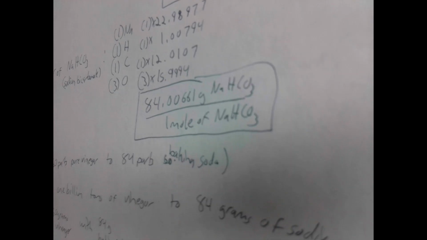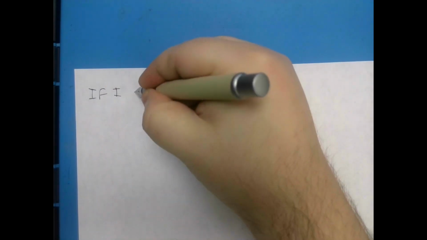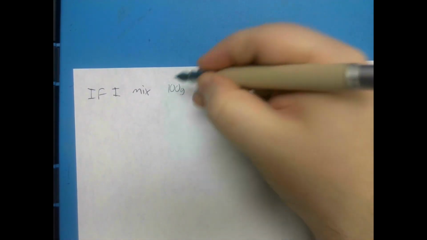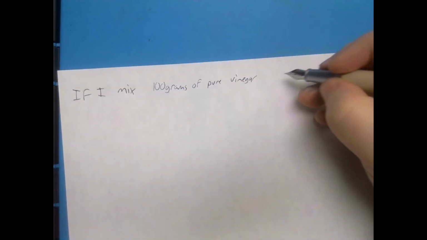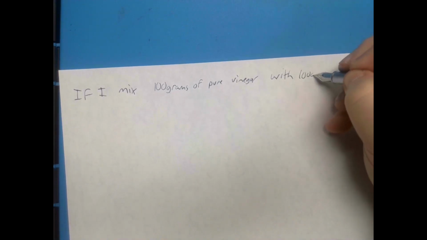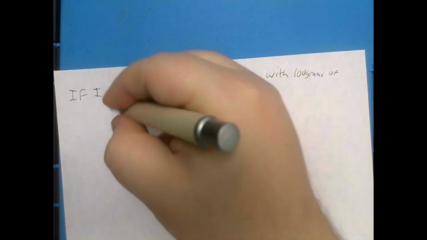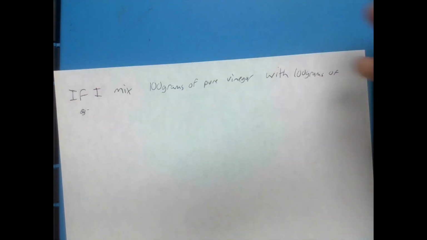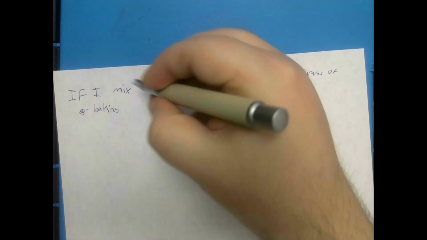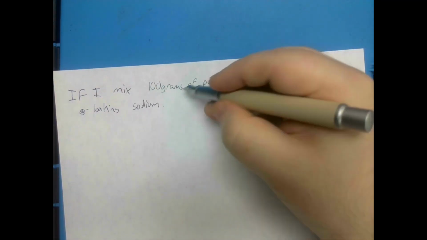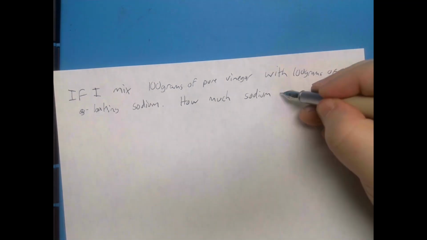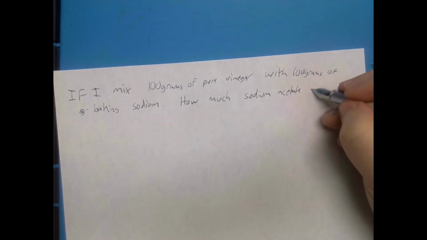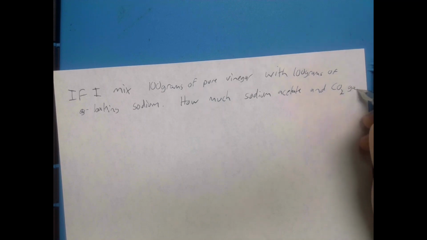Here's a question. If I mix 100 grams of pure vinegar with 100 grams of baking soda, how much sodium acetate and CO2 gas is produced?